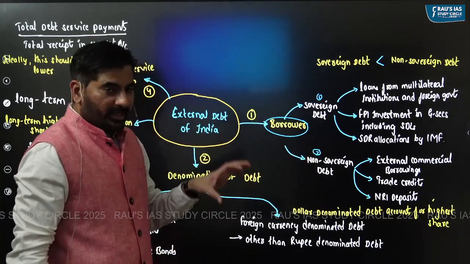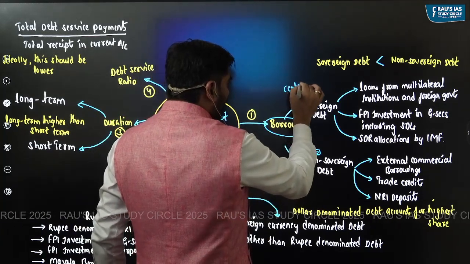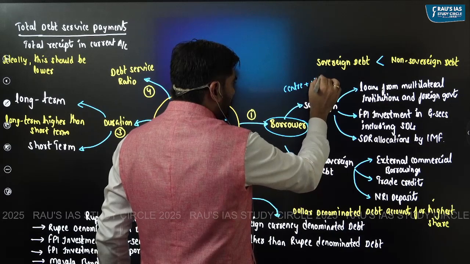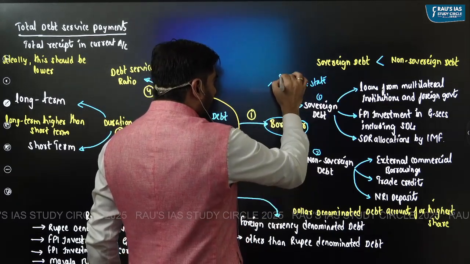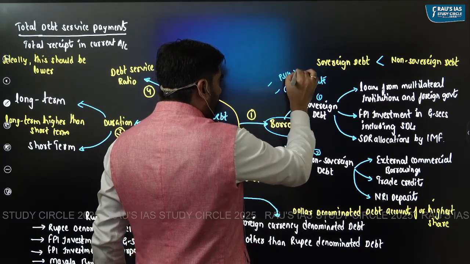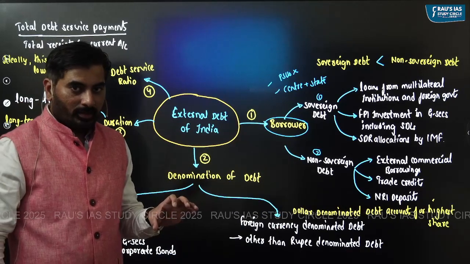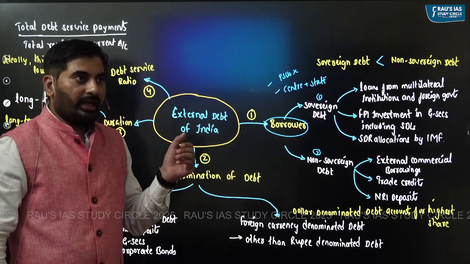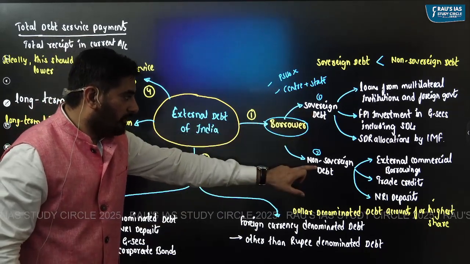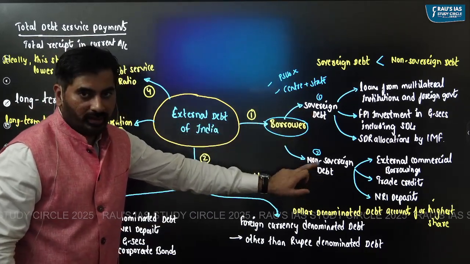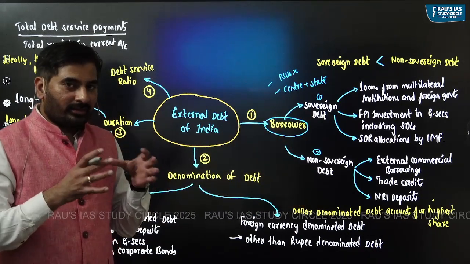Sovereign debt means it is the money which is borrowed by the central government and state government only. Please understand, it does not include the money borrowed by government owned PSUs. If a government owned PSU like NHAI is borrowing money, we will not include it as sovereign debt, we will rather include it as non-sovereign debt. Sovereign debt is strictly confined to borrowings by the Centre and states.